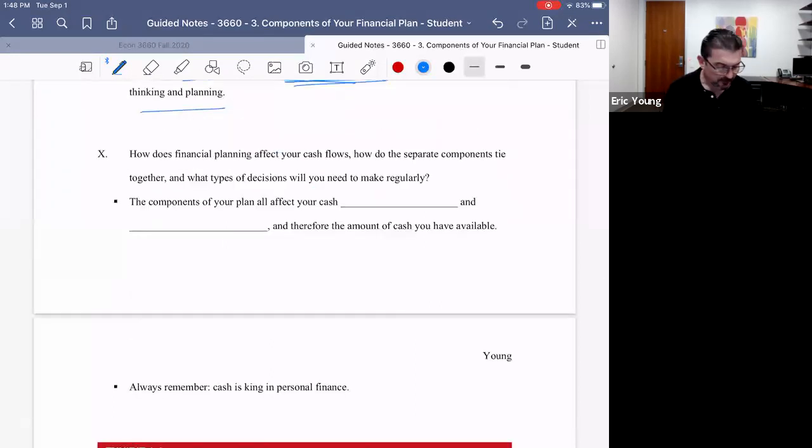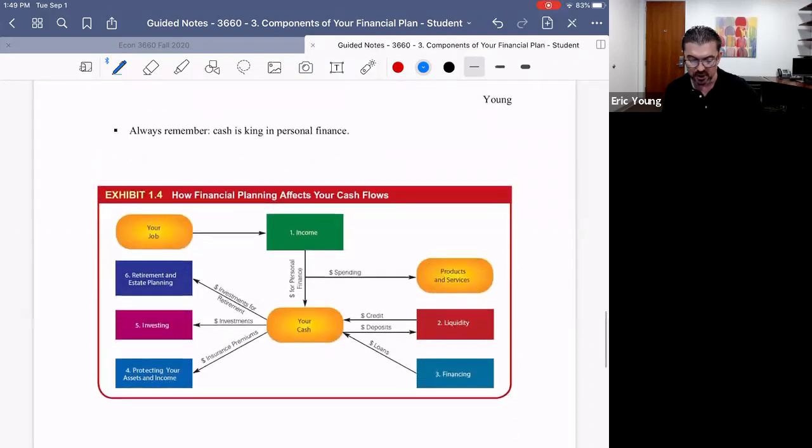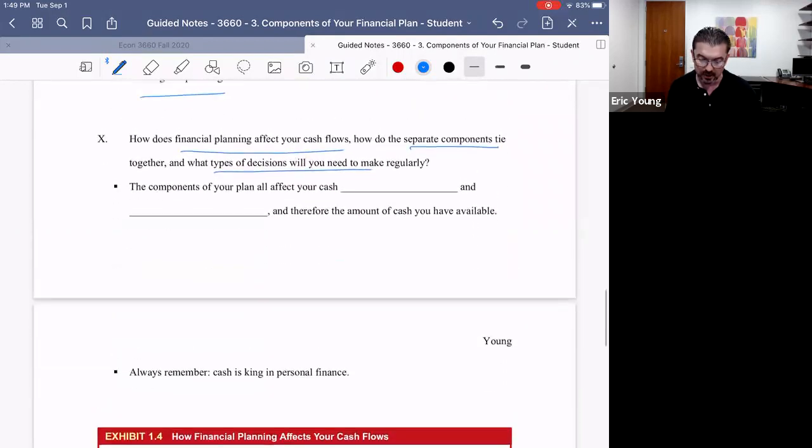So those, my friends, are the basic components of a financial plan. The next question is, how does financial planning affect your cash flow, and how do those separate components tie together? And what types of decisions will you need to make on a regular basis? So let's briefly cover that with a real quick little illustration, and then we'll wrap this lecture up.